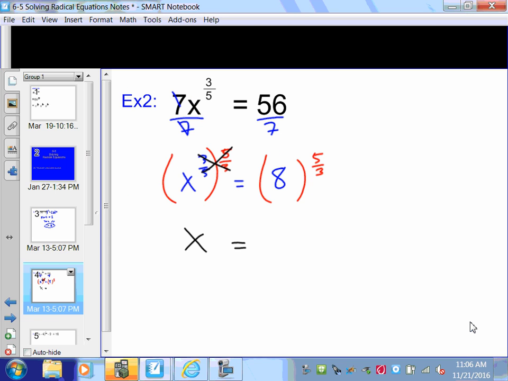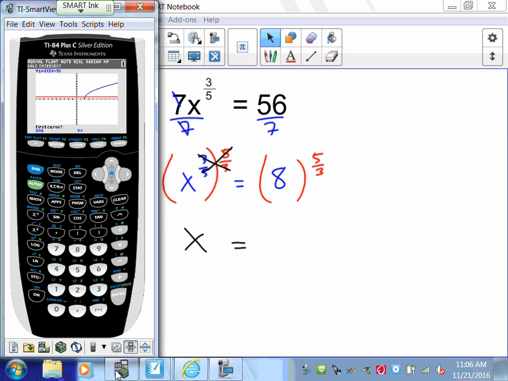Let's do it. Here we go. 8 to the... You could use the fraction thing if you want. Alpha y equals gets you a fraction. If you don't have it, then you would just use parentheses. 5 divided by 3.